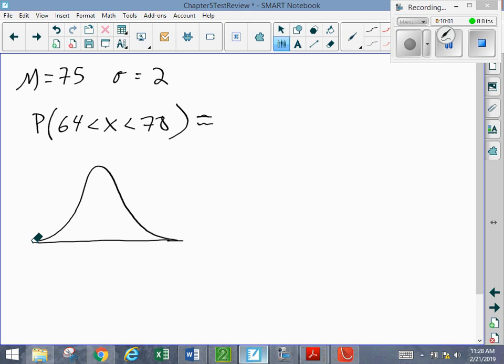Your mean is the mean that you've been given. So 64 is probably somewhere way over here. 78 maybe like there. So what you're being asked for is the area of this shaded region.